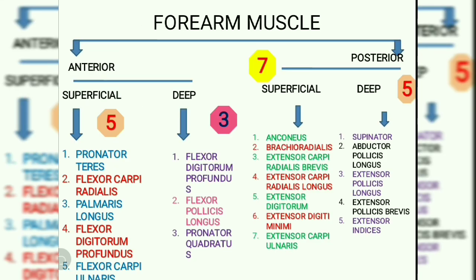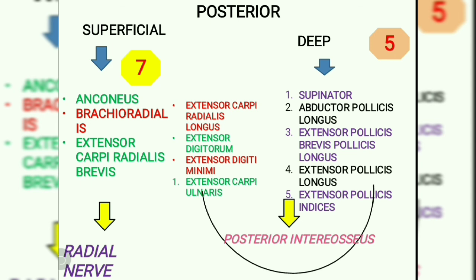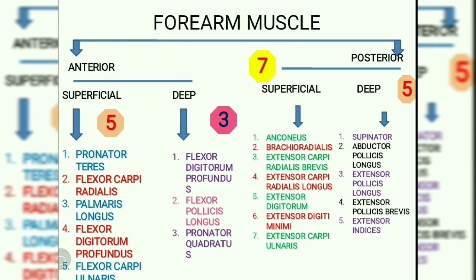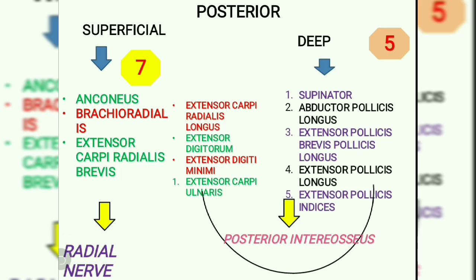Then again, at the posterior compartment, under the superficial, the first 3 muscles are supplied by the radial nerve, and all the rest of the muscles of the posterior compartment are supplied by the posterior interosseous nerve.